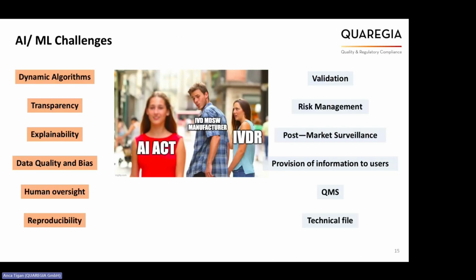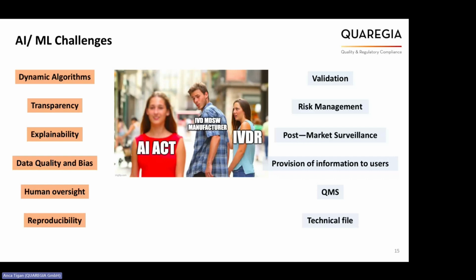So what the IVDR talks about mostly with regards to IVD and MDSW is, as we have seen, validation, risk management, post-market surveillance, provision of information to users, quality management systems, and technical file. So these are broadly the requirements of the IVDR for any product, but also for medical device software.